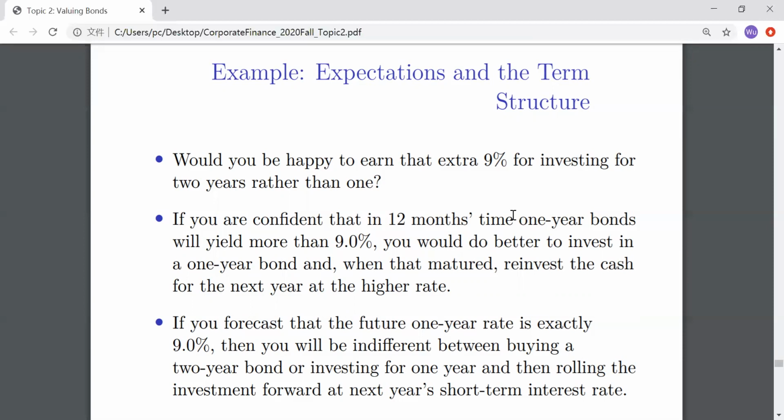Because would you be happy to earn the extra 9% for investing for 2 years rather than one? If you are confident that this 9% is for sure, then of course you'll go for it. But in reality, in general, it's not true. The realized short rate will be very different from this expected short rate of 9%.